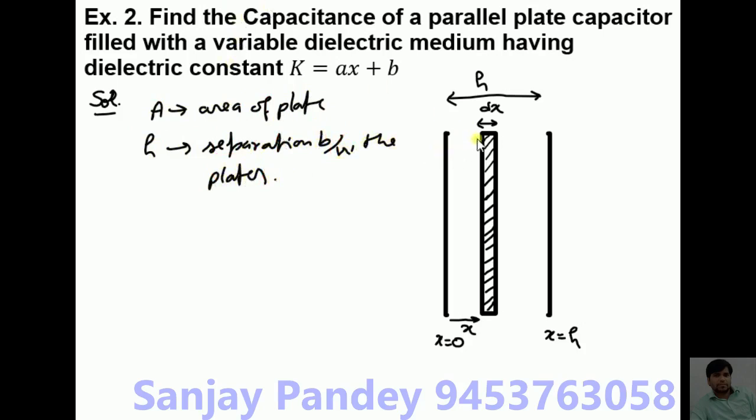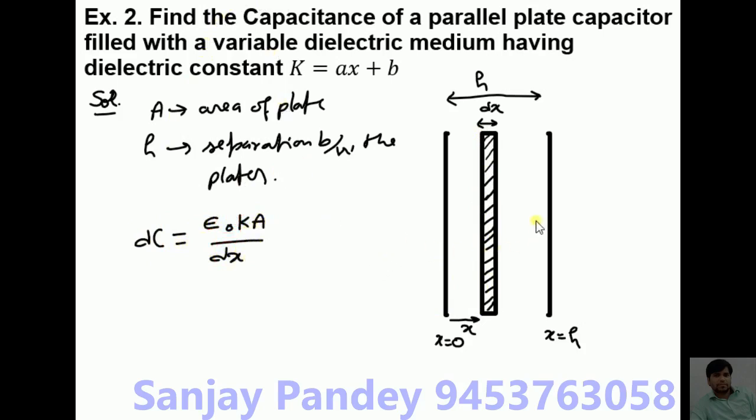Now considering a strip of thickness dx inside the dielectric at a distance x from left plate, the capacitance of this strip will be dC is equal to epsilon naught K A upon dx.